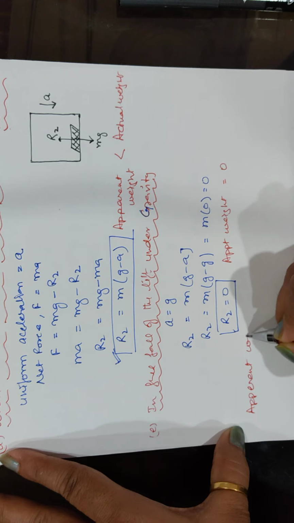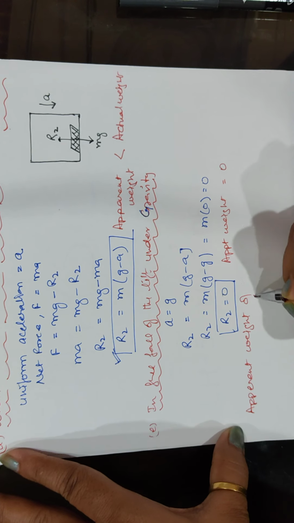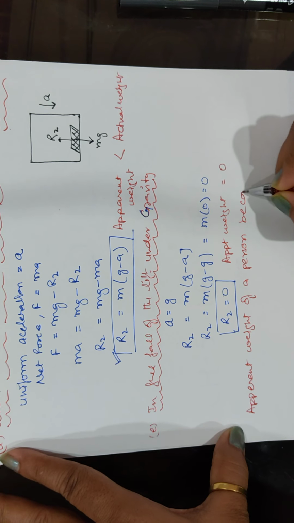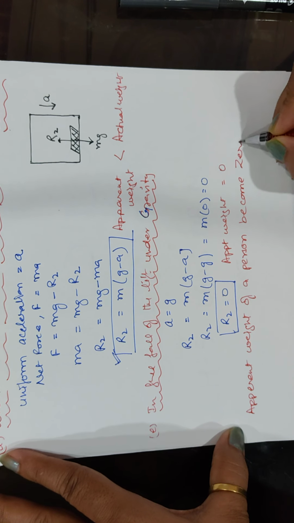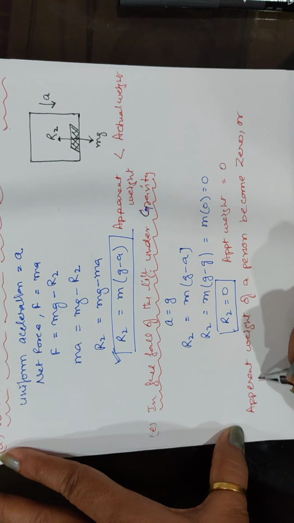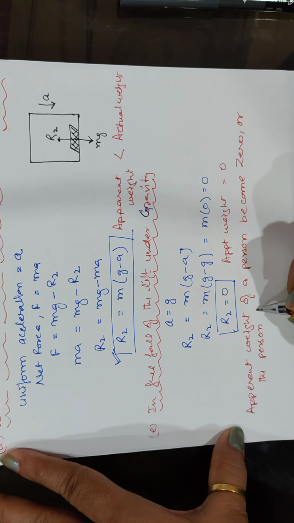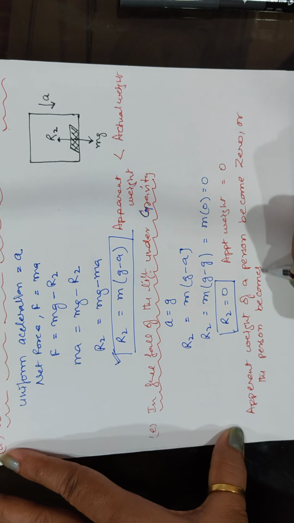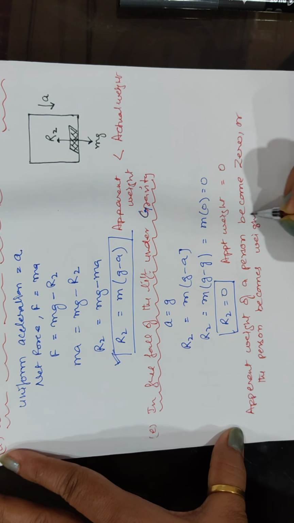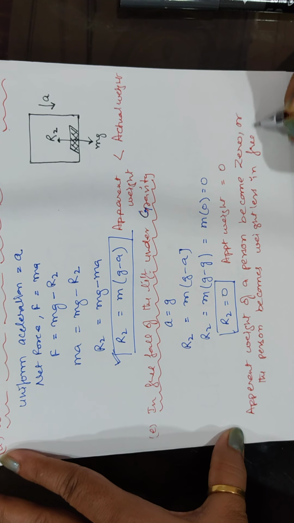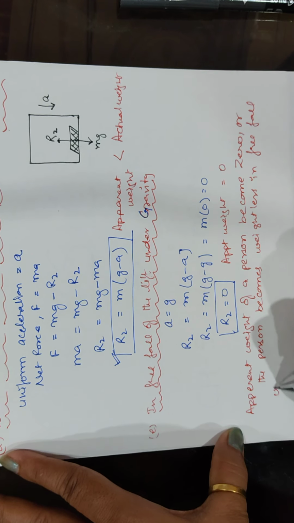At that moment you can say that the apparent weight of a person becomes 0, or the person becomes weightless in free fall under gravity.